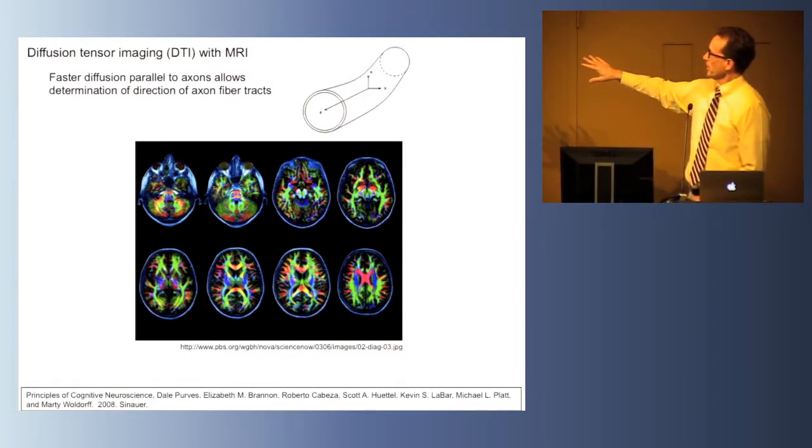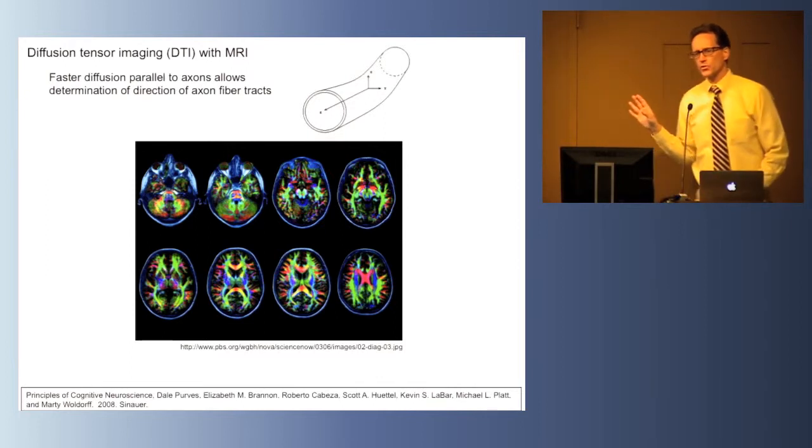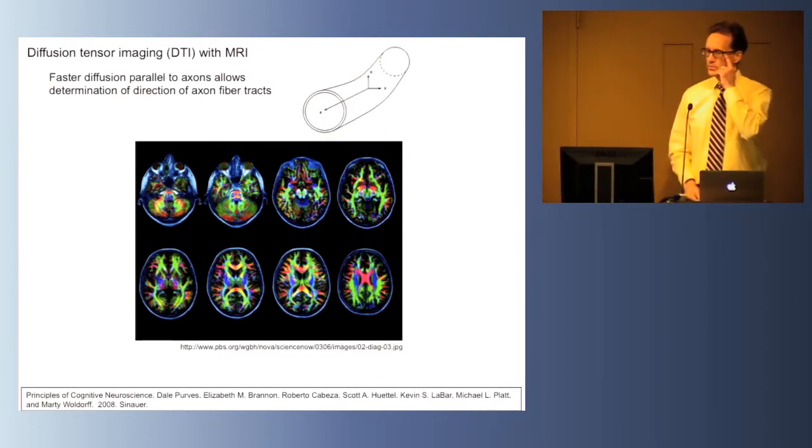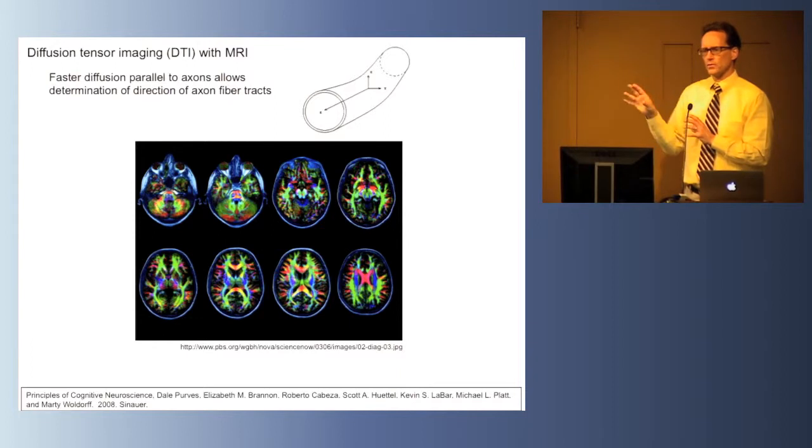The red and the green and the blue that you see are fiber pathways running either front and back, left and right, or up and down, and the color is coding which direction the fibers are going. And so this kind of diffusion tensor imaging allows investigators to see the pathway of major fiber tracts, and also to analyze how much anisotropy, or directional diffusion, there is.